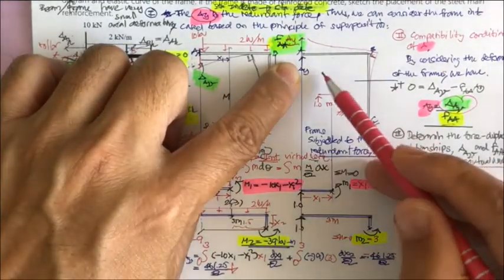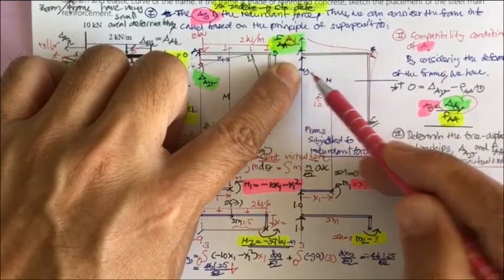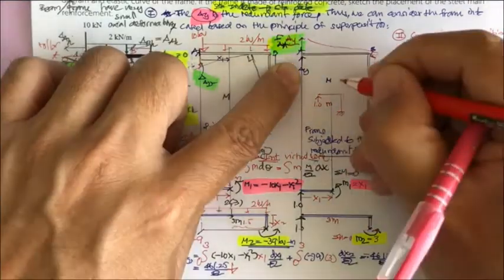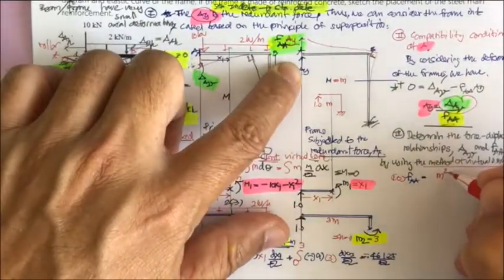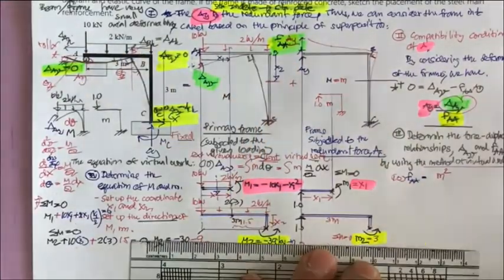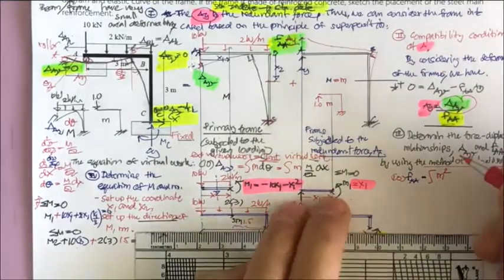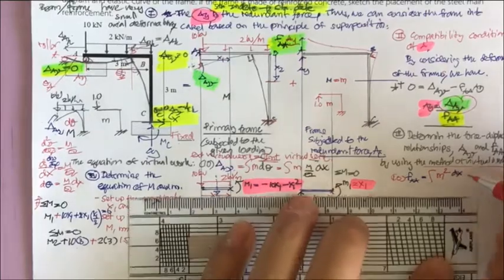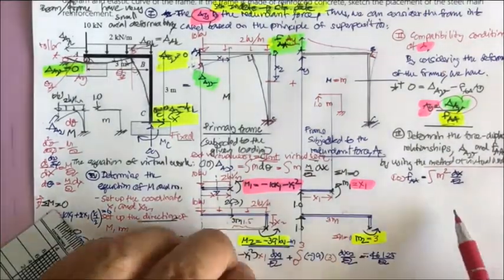Okay, that is going to be small m. And since this one has the deformation this way and we set A sub y equal to 1, this m is going to be this m. So that is going to be m square integration. Okay, and then you have the dx over EI. That means you've got to determine what?